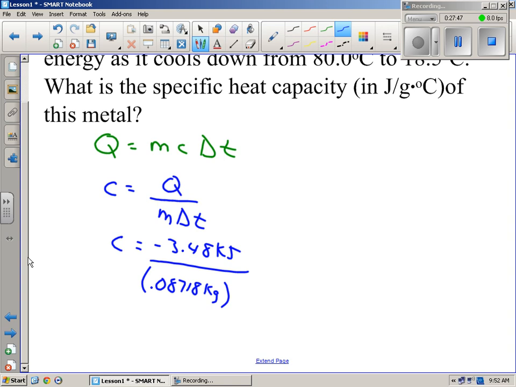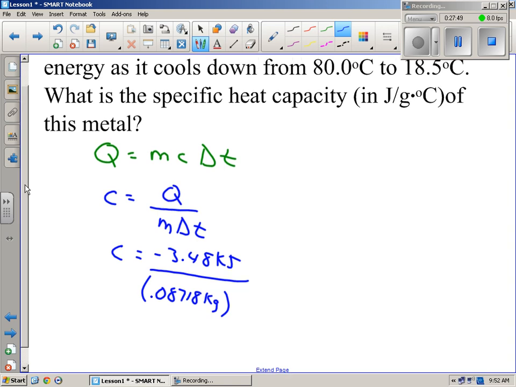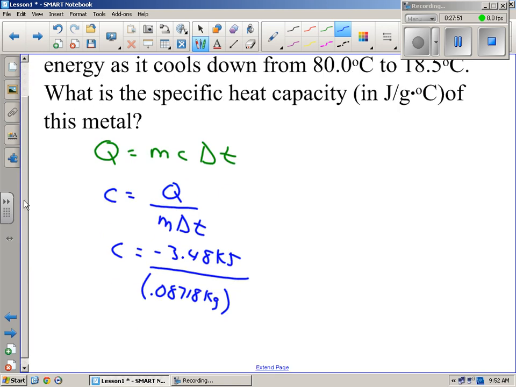And then, of course, the temperature change, okay? You're going from 80 to 18.5, so don't forget, delta T here is T final minus T initial. 18.5 was the final temperature, and you started at 80. So this, once again, will be negative, of course. Okay, 18.5 minus 80, negative 61 and a half.